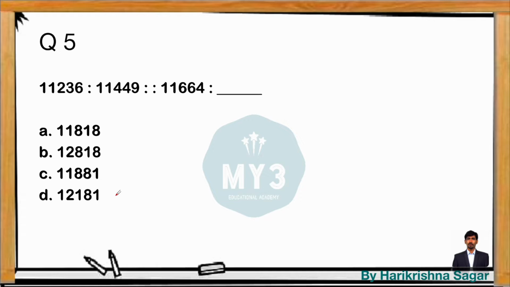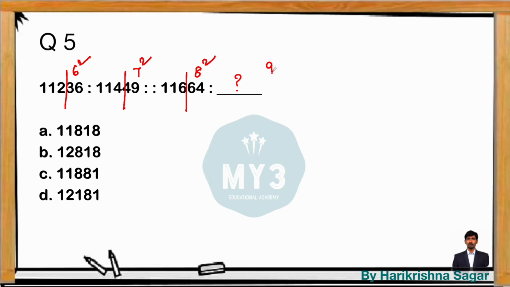Look at the next question. The reference here is 11236 : 11449. 11664 will be what? If you observe the last two digits here, this is 6 square, this is 7 square, and here it is 8 square.